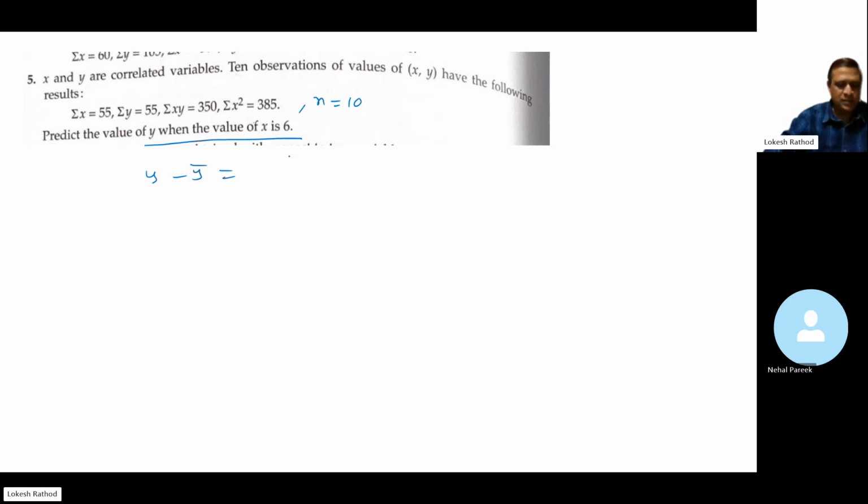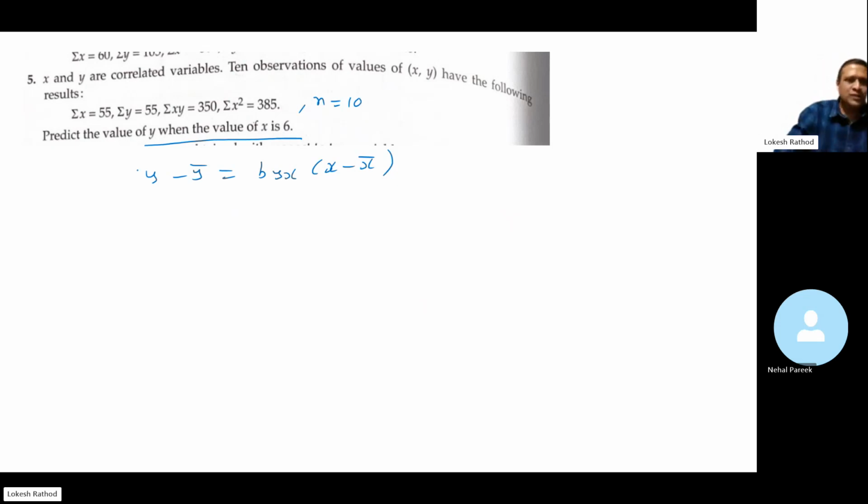Y minus y bar is b yx times x minus x bar. Here x is the independent variable, so I have taken this, but it doesn't make any difference. You can find the x minus x bar equation also, you get the same answer. So we need to find x bar, y bar, and b yx. Once we find these three things, you write the equation of the line, and then you put x equal to 6, you will get the value of y.